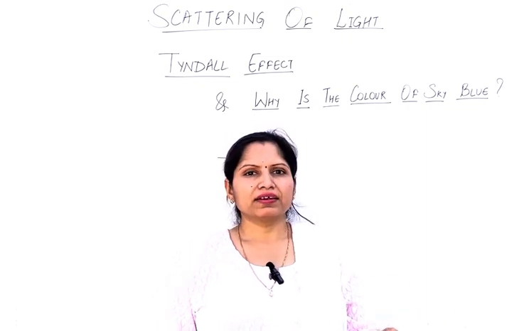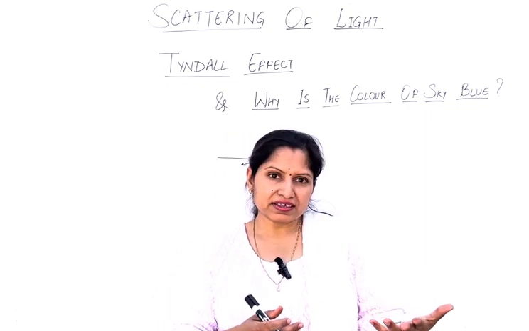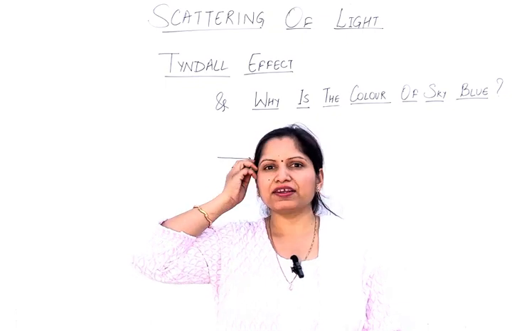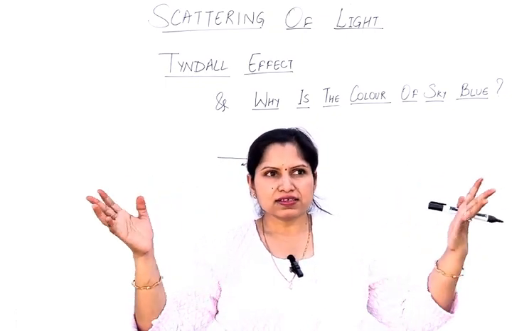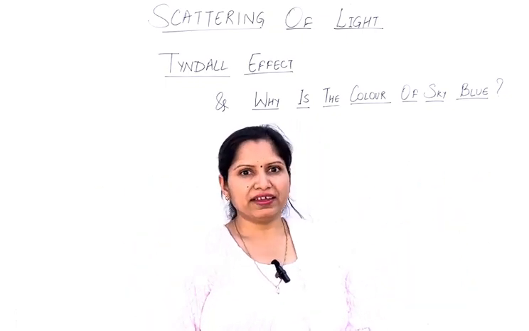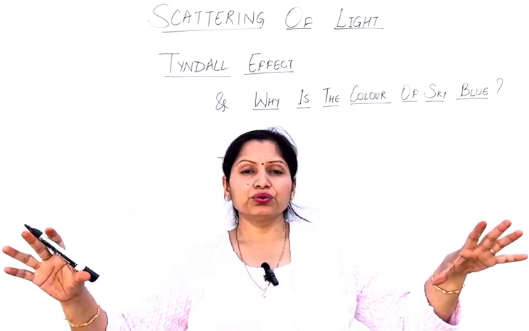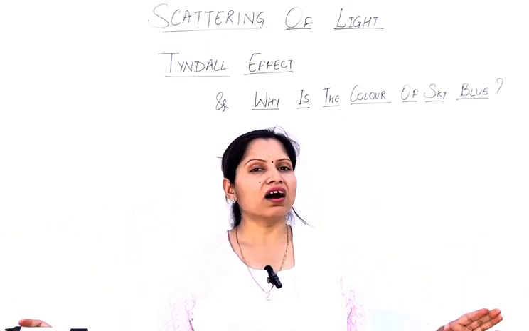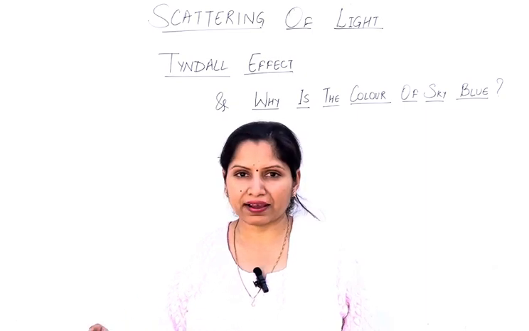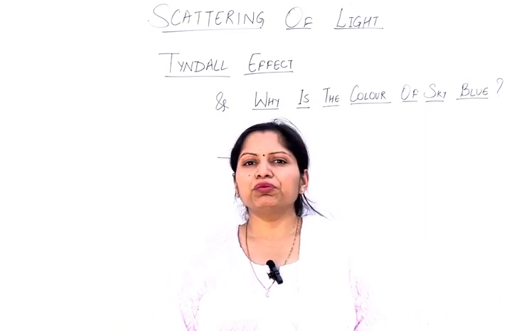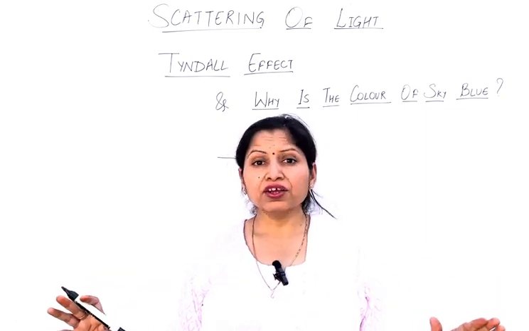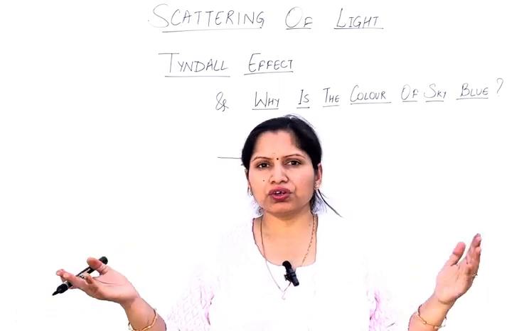But if you are an astronaut and you go into space and look at the space around you, you will find that everything around you is completely dark. It will be completely black. In space, there will be no scattering of light because there is no atmosphere, no particles.